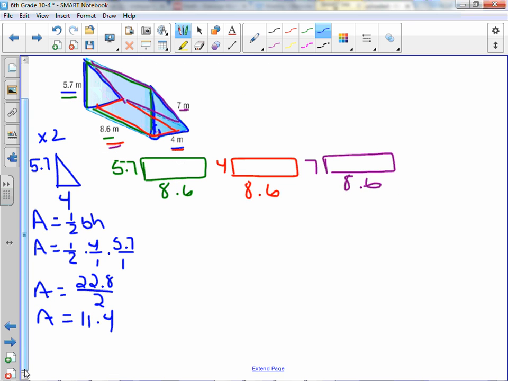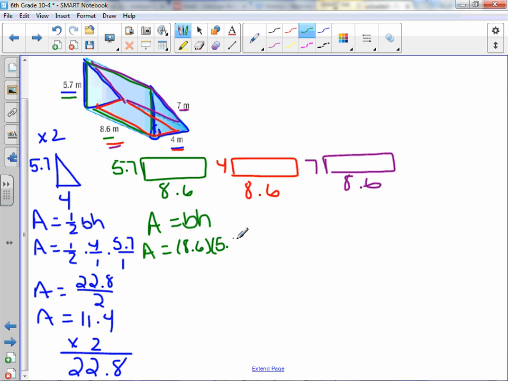But remember, there are 2 triangles. Multiply by 2, and we get 22.8. Our first rectangle, area equals base times height. Area equals 8.6 times 5.7. Area equals 49.02.